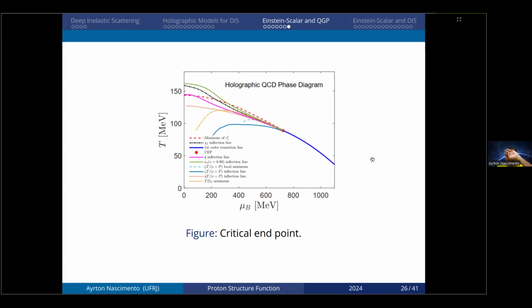I see. Yeah, the thing is, I'm doing calculations on the gravity side. So on the gravity side, I have a black hole with temperature, okay? The thing is you can show that, like I said to your friend moments before, we assume that the gauge theory in the boundary is a theory of finite temperature.